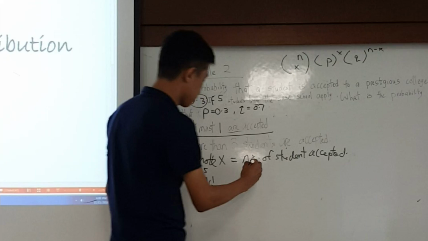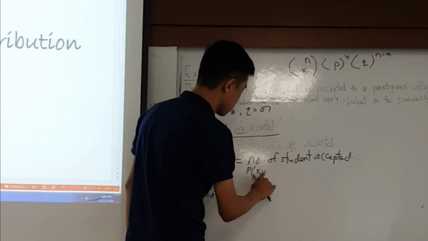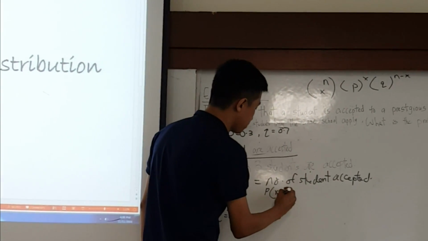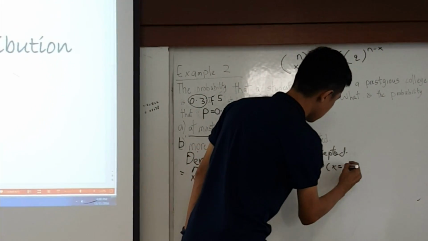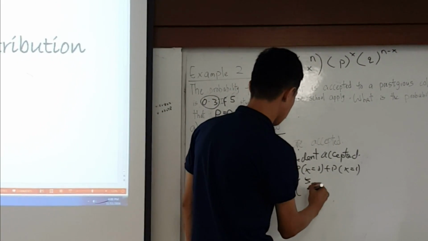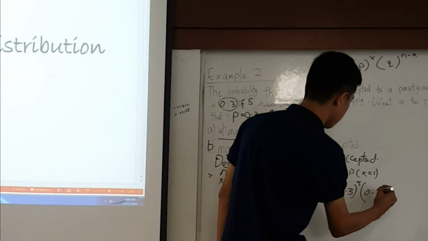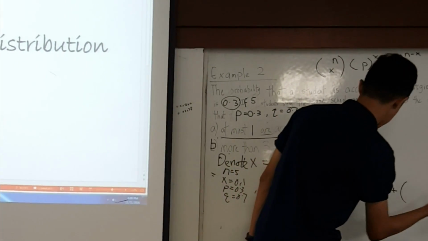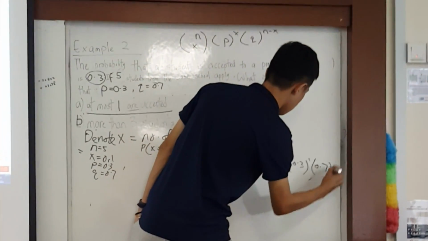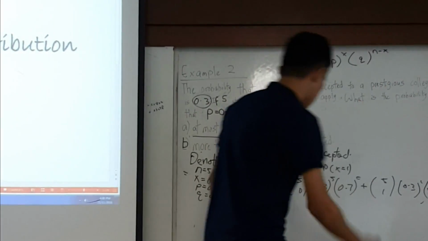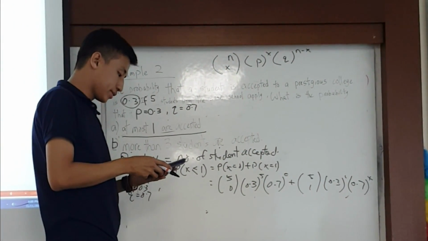By applying this formula, at most 1, so 0 and 1. These are the working procedures. Now I will use the calculator.